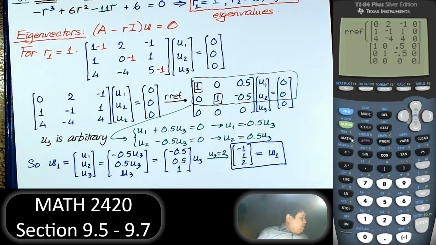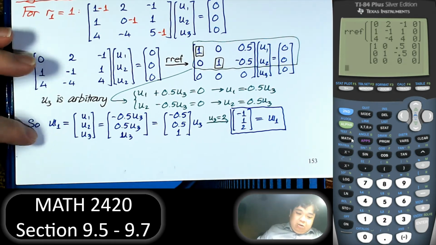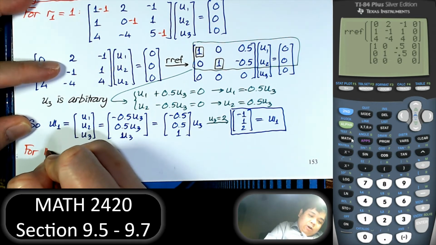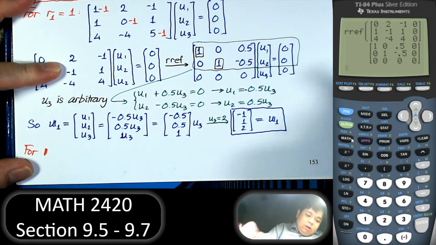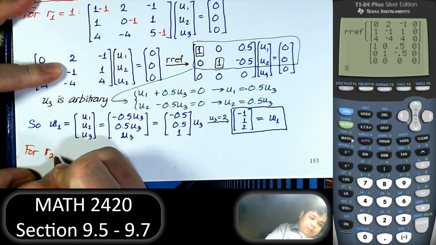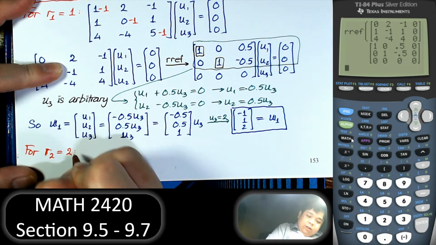Looks like we might not have enough space, so let's just try to squeeze in as much as we can here for r2 equal to 2.